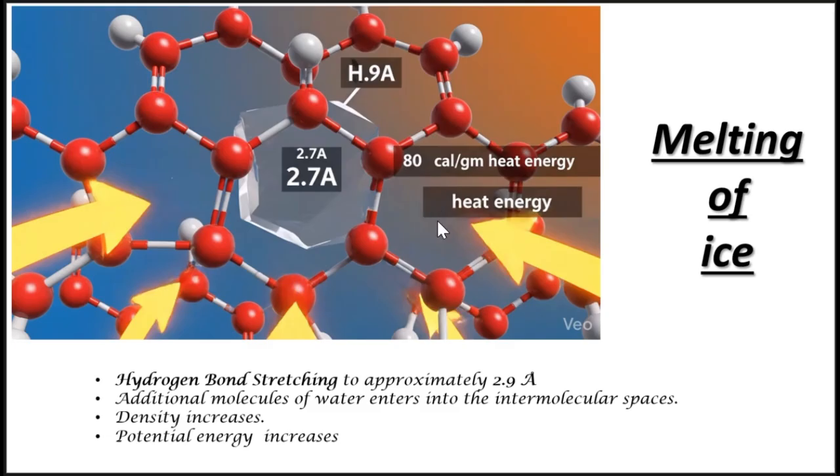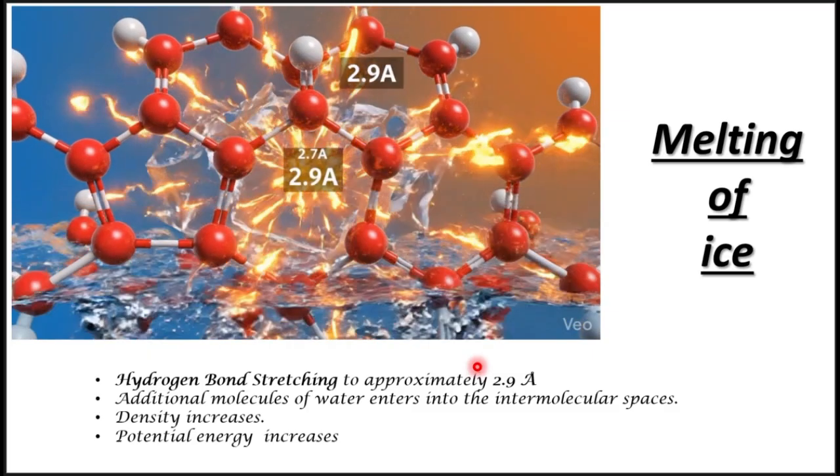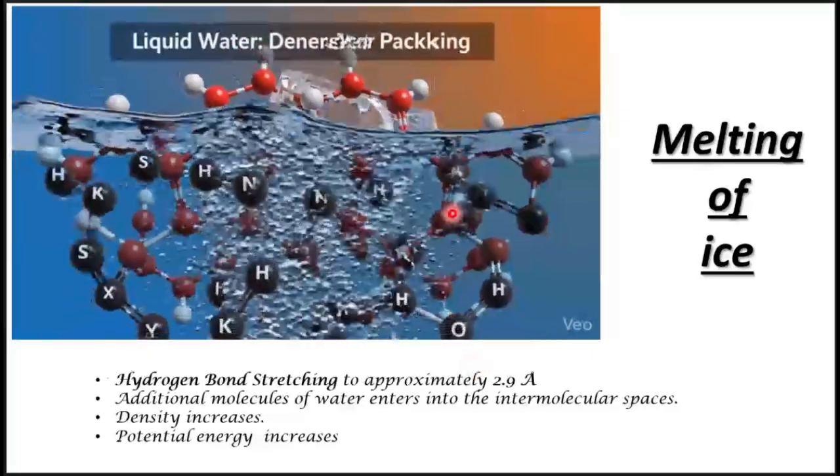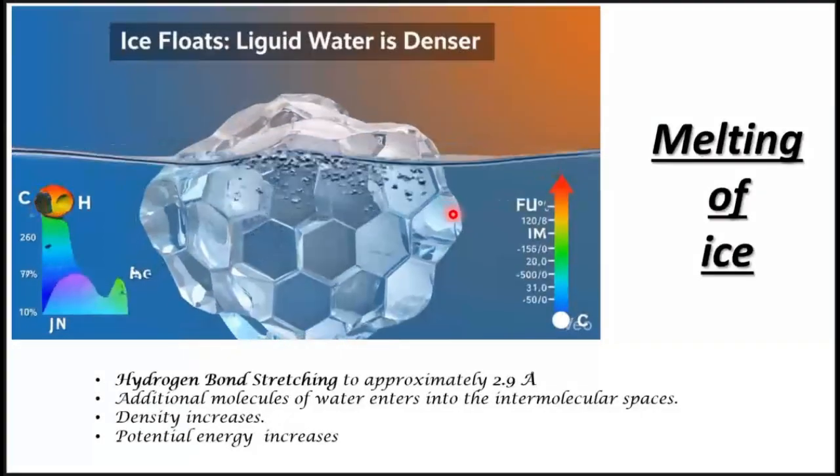So the liquid water molecule will have a greater potential energy compared to ice due to absorption of some amount of energy, that is 80 calorie per gram of heat energy. So during the change from solid to liquid state, 80 calorie per gram is absorbed.